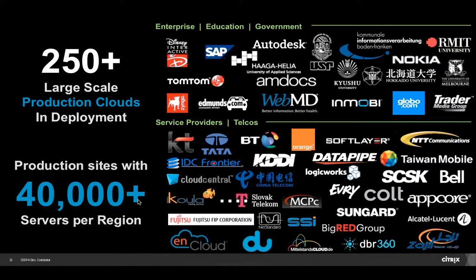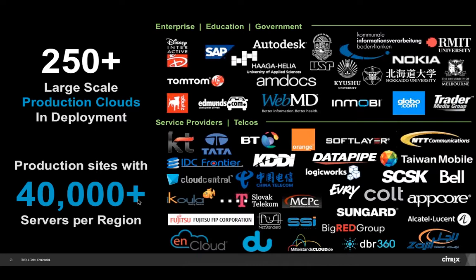And that I really want to emphasize. When I talk about 40,000 servers, I'm not talking about multiple customers making up that number. I'm talking about one customer in one of their regions has over 40,000 servers based on Cloud Platform, all managed from that one single pane of glass.